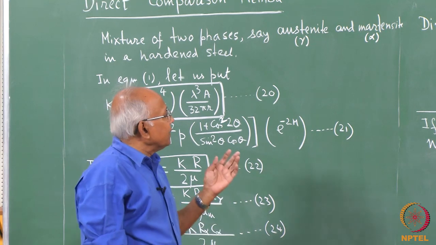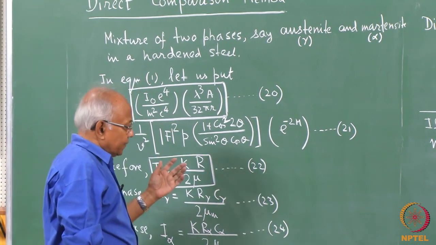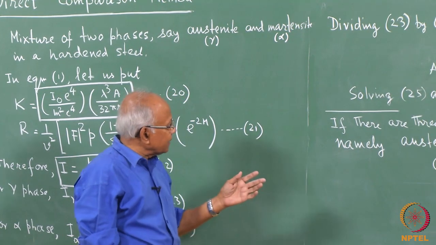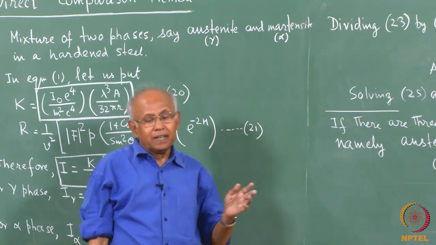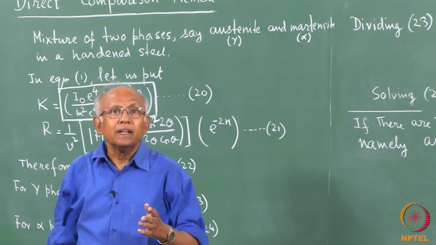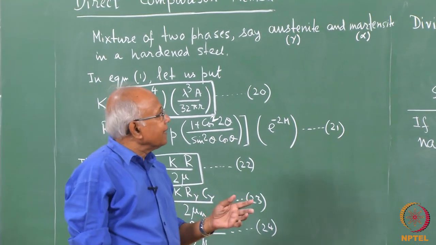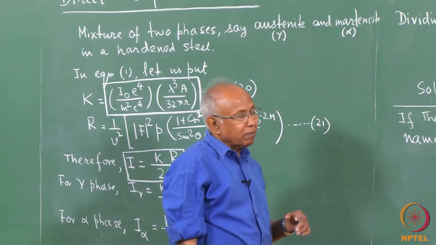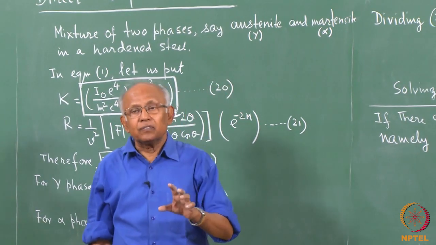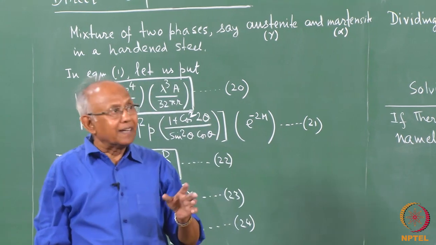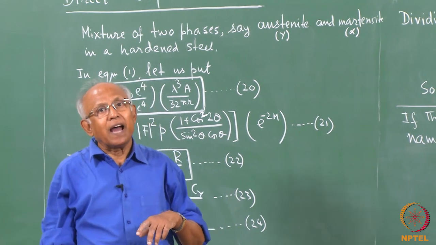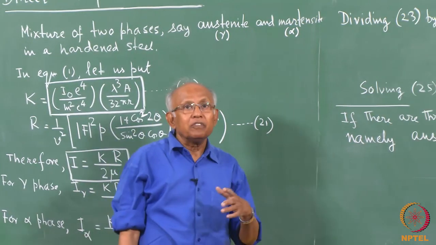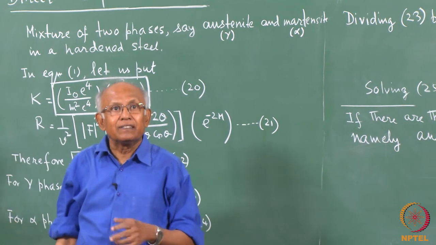Now, for hardened steel, it is sometimes very essential to find out the volume fraction of austenite, because if we make any tool out of that material, during service the amount of austenite gradually changes into martensite or some other phase, and that may give rise to a lot of internal stresses and dimensional instability.